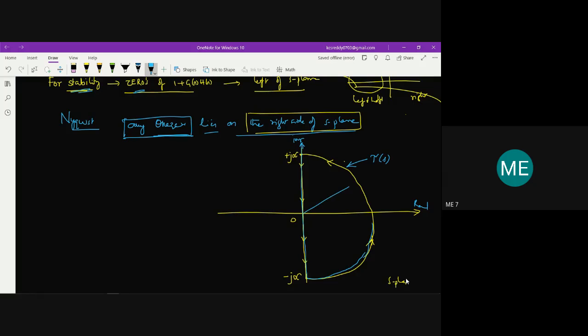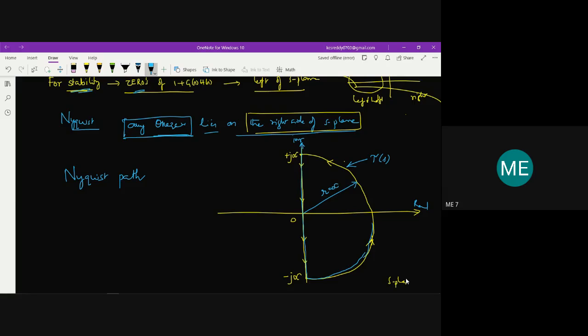So if you take the radius of the circle r equal to infinity, then it covers the entire right side of the S plane. So this path is called the Nyquist path, which we have chosen, from plus infinity to minus infinity, which encircles the total right side of the S plane.